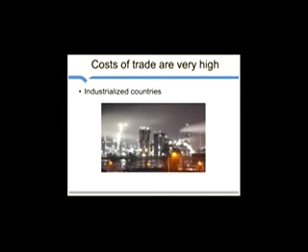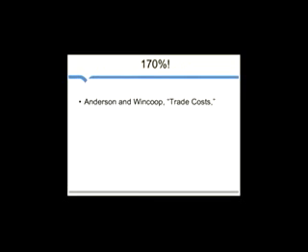And let's take a look at just how high the costs of trade seem to be in the gravity literature, and let's start with industrialized countries. To take one known estimate, again for developed nations, from Anderson and Wynkoop, the costs of trade across borders are on average about 170%.